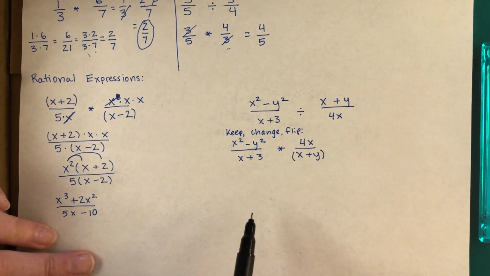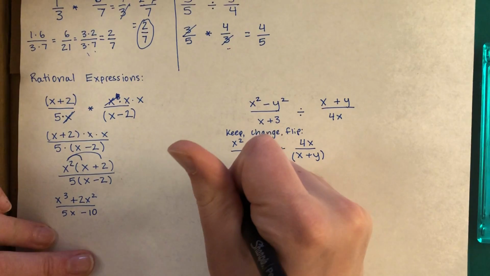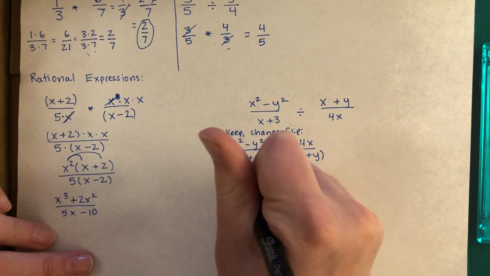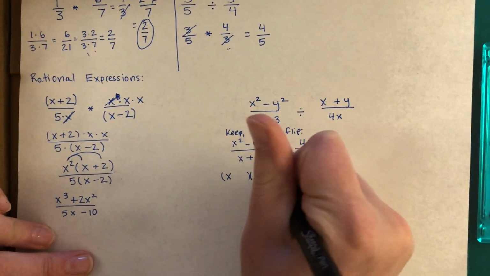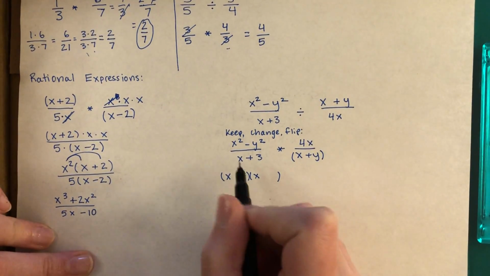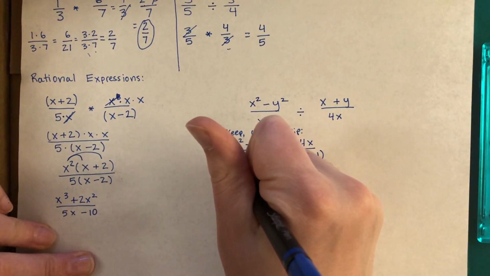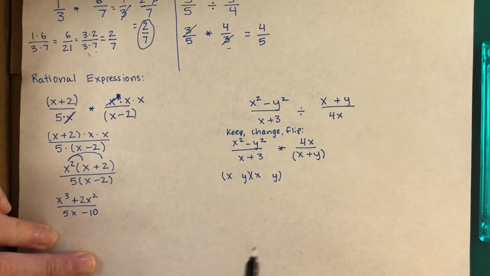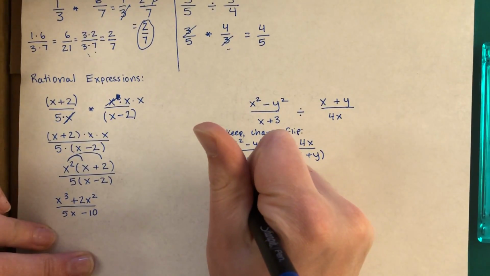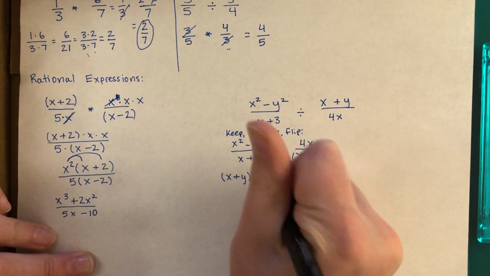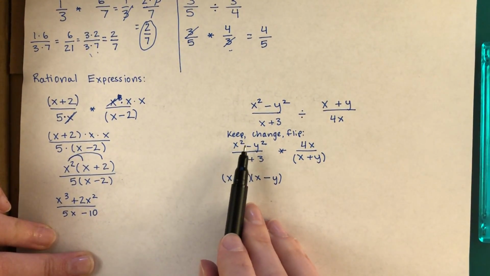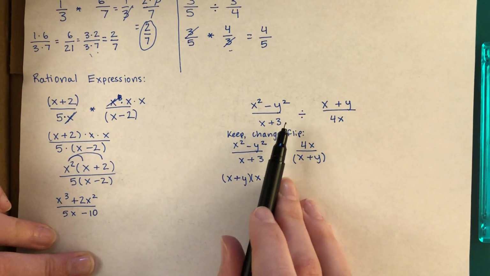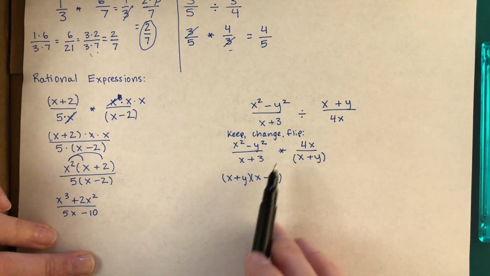So when I rewrite this fraction, I'm going to write it as x times x makes x squared, y times y makes y squared, and then one of these gets a plus and one gets a minus. This works just the same as if it was x squared minus 9. We would do 3 and 3 because 3 times 3 is 9.